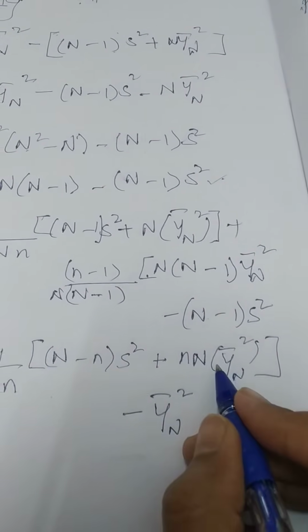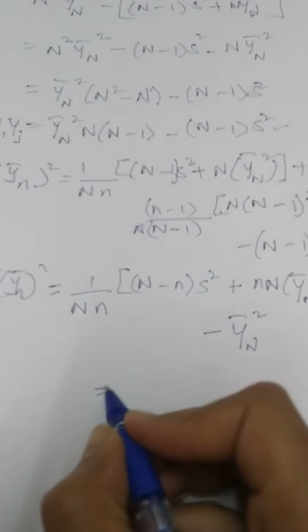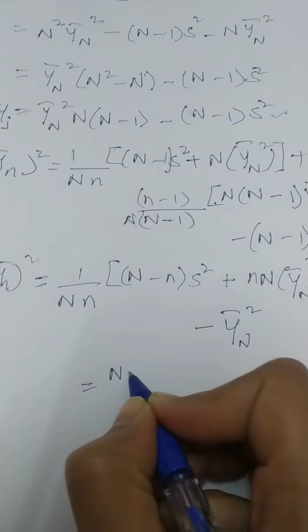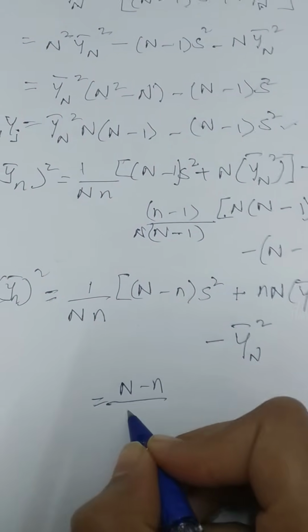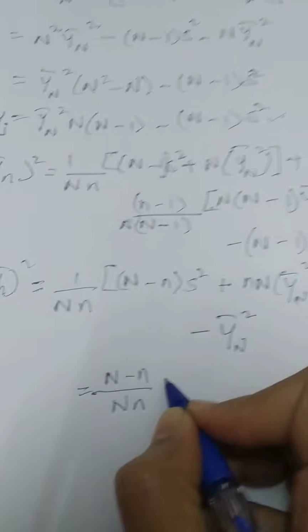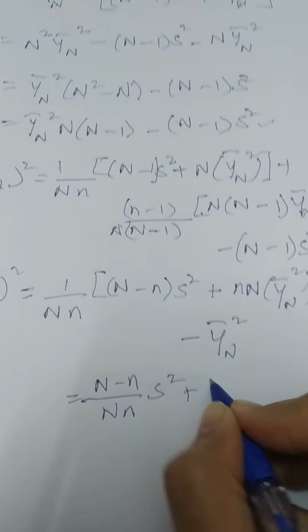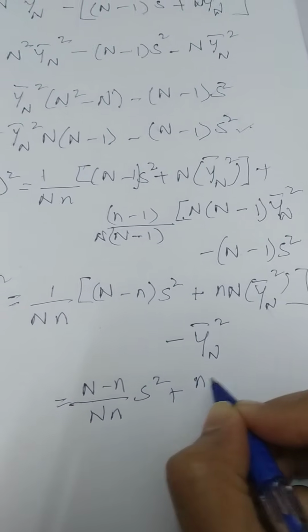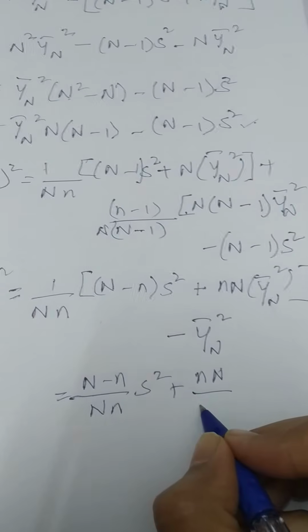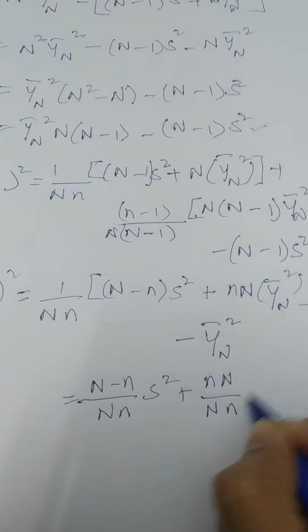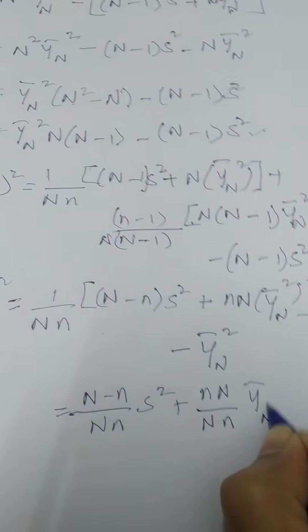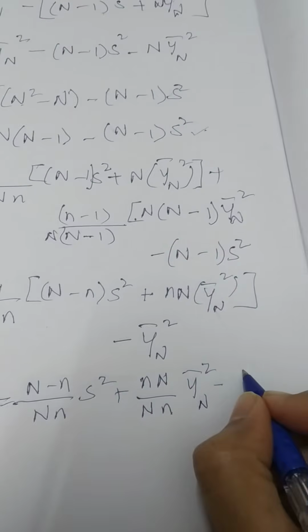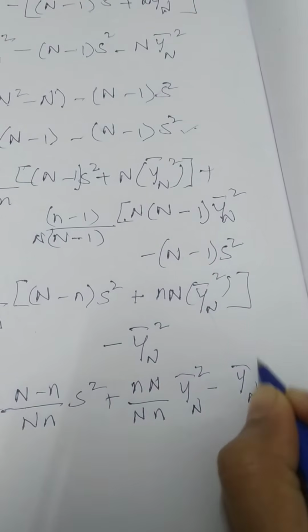Okay, I can get here what is the value I can get here. I will get here (capital N minus small n) by capital N small n into s square plus small n capital N by capital N small n into y bar of n square minus y bar of n square.